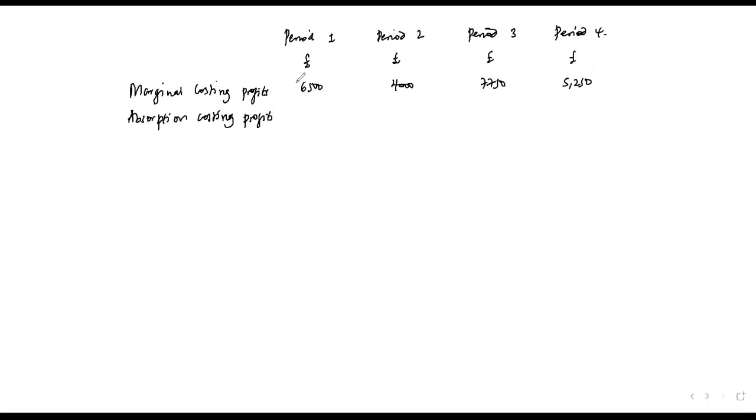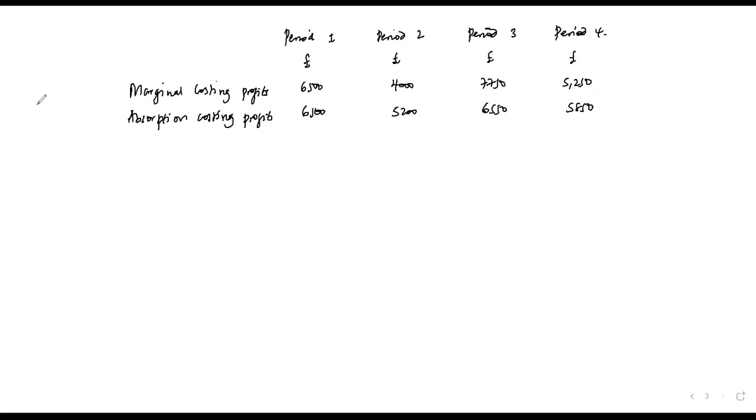Period 1, this is 6,500. Period 2, so these are the profits.